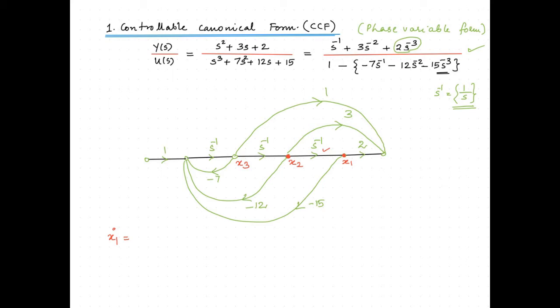So what is basically x1 dot? It is equal to the sum of the signals reaching that node. You can see that to this node there is only one signal that reaches. x3 is x2 dot. Integral of x2 dot is nothing but x2. So I can write x1 dot as x2.